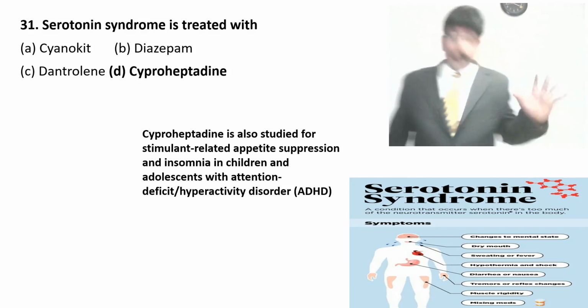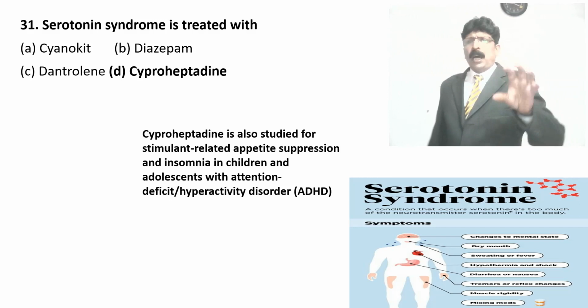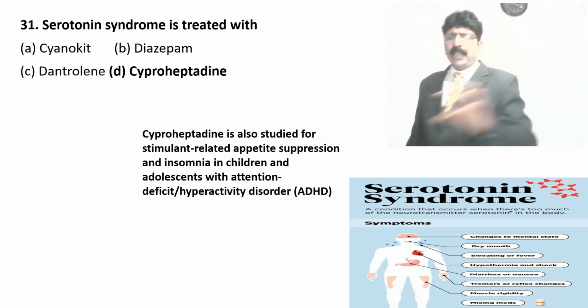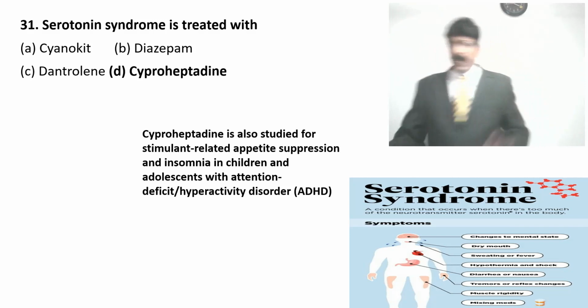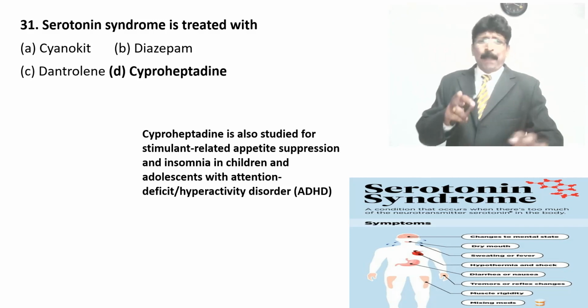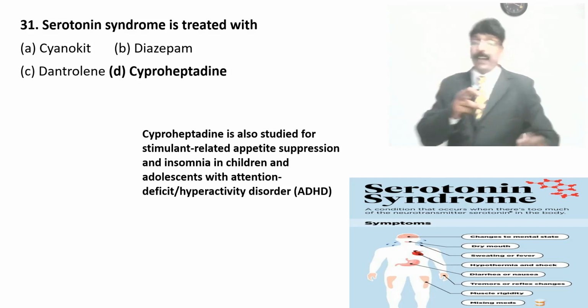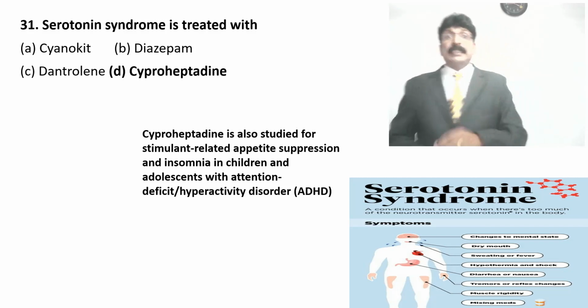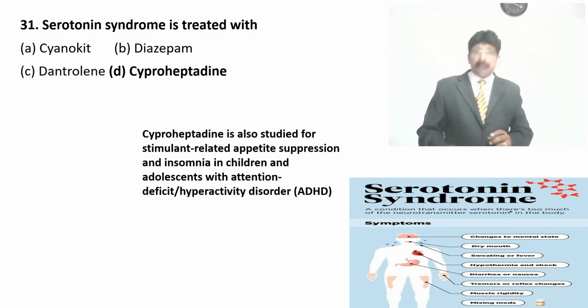Putting pressure on somebody, children on the mother, the mother on the child, the father on the child, or the child on the father, means a hyperactive disorder with attention demanded to be very perfect. These things can occur through overproduction of serotonin, so it can be controlled by using cyproheptadine.